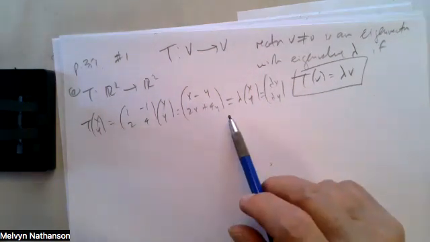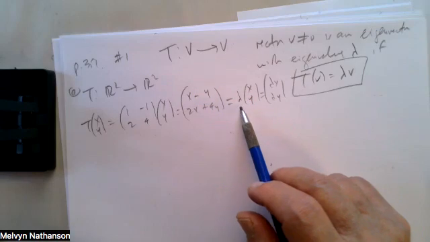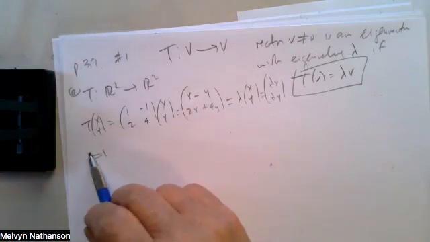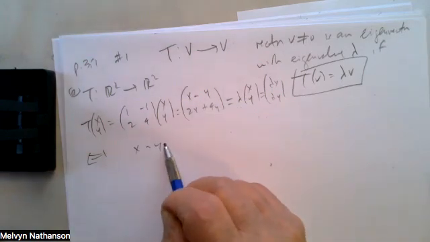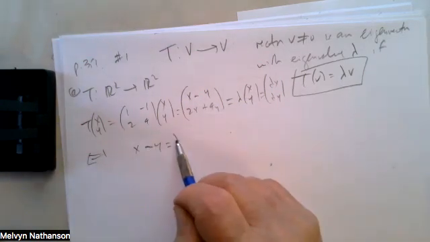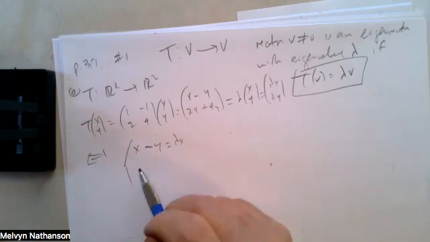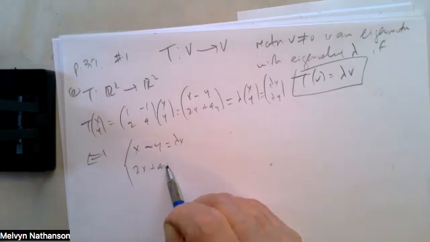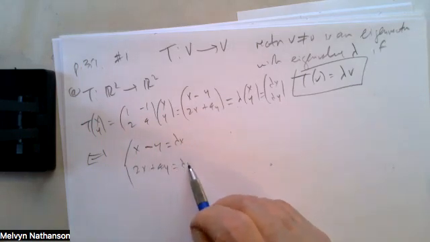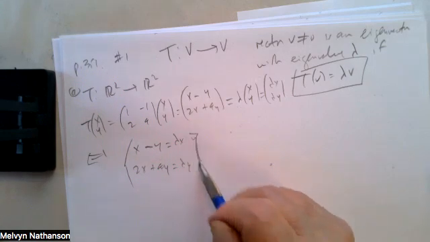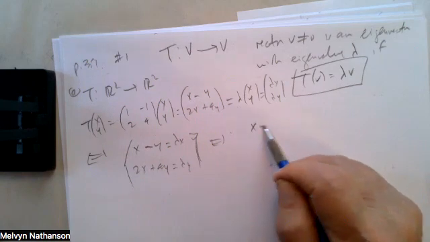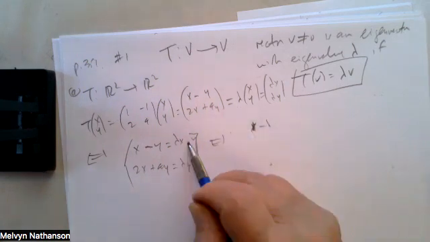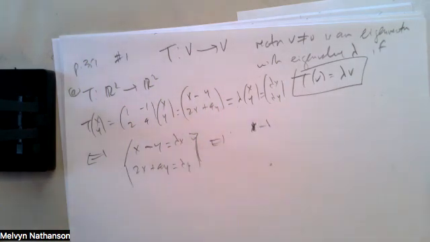So finding eigenvectors and eigenvalues is equivalent to solving the equations x minus y equals lambda x, 2x plus 4y equals lambda y, which is the same as the system of equations x, bring this over to the other side.